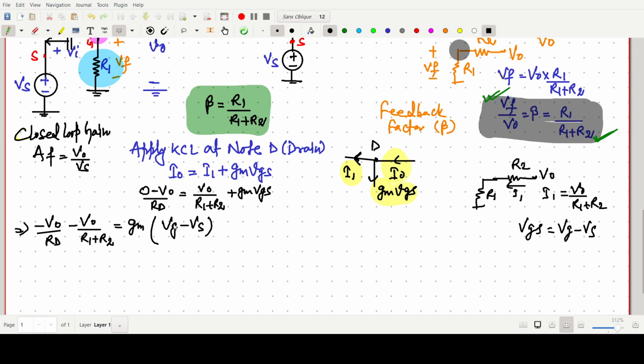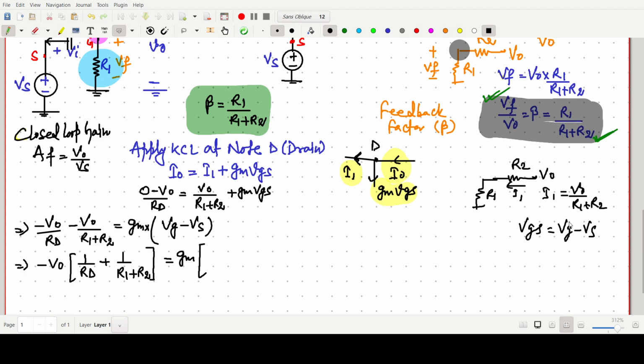Clear this one? gm times this. If I take V naught common, then minus V naught times 1 upon RD plus 1 upon R1 plus R2. Is it okay? Then gm.